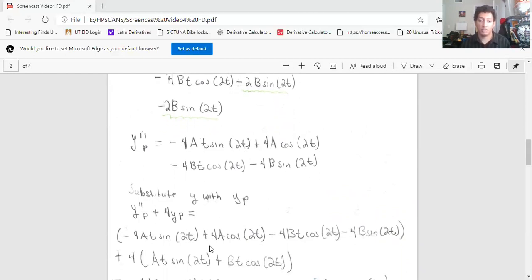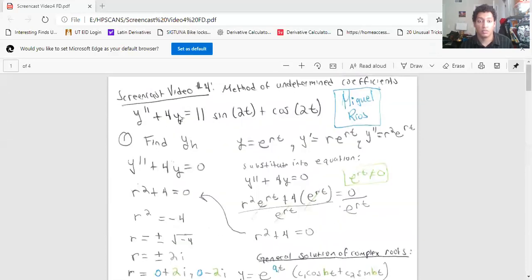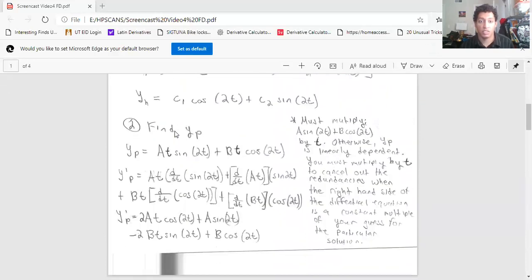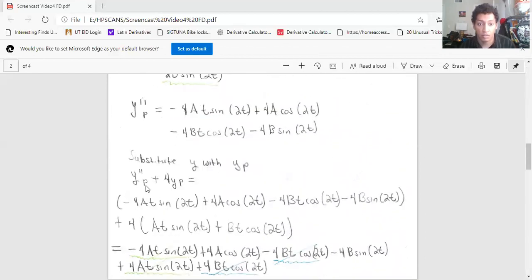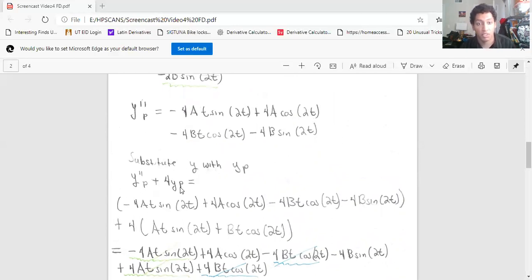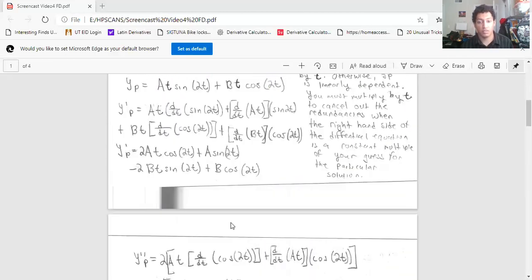You substitute that into your equation here, which is just the left-hand side of the original differential equation, and instead of y you put yp. So you do y double prime p plus 4yp. You take this for y double prime of p, write it all down here, and then add 4 times yp, which is at sine of 2t plus bt cosine of 2t.